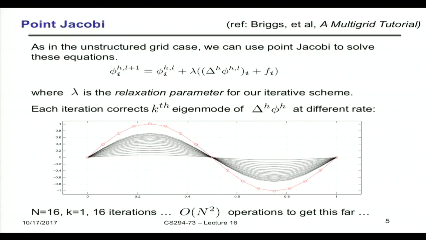And every time we do one of these point relaxation sweeps with some kind of relaxation parameter, the solution gets a little closer to its final solution value. And if you look at this, you can see that the middle is not really affected as much as these corner points where your guess is already good and just kind of slowly creeps towards it. So even for such an incredibly small problem, n is equal to 16 here, and this lowest wave number, which is about as smooth as you could get, you're going to spend order n squared operations just to get to this kind of finite error.